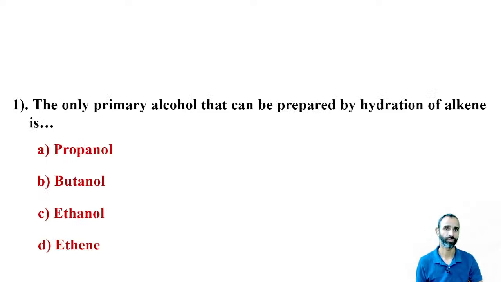The only primary alcohol that can be prepared by hydration of alkene is this one, because in other cases we get secondary or tertiary alcohols only.